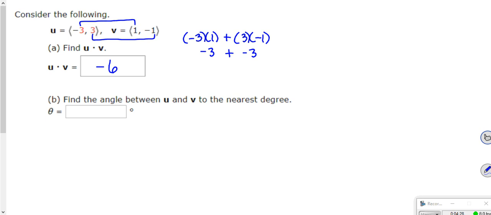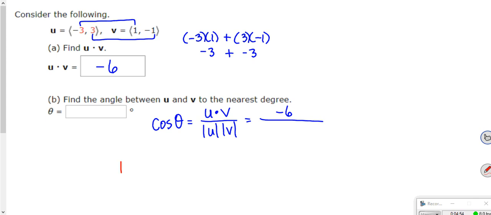Now, remember our cosine theta formula, to find the angle between u and v to the nearest degree. Cosine theta equals u dot v over magnitude u times magnitude v. Well, this is negative 6 over, now let me do a little aside down here.